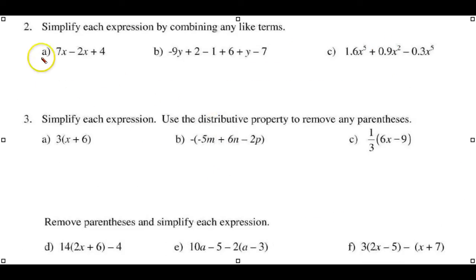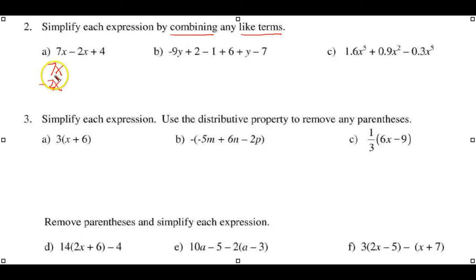In example 2, we're asked to do something very common throughout the rest of our algebra, is to combine like terms. So a strategy, and some of you can do this horizontally, but I would suggest line them up like so. 7x minus 2x.